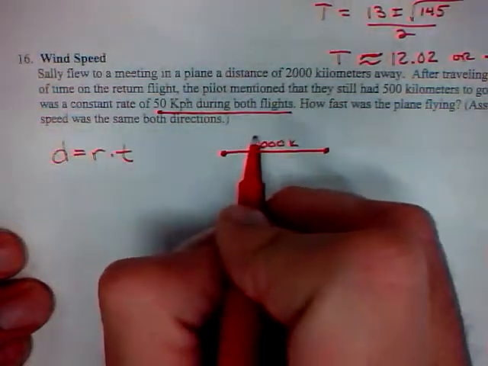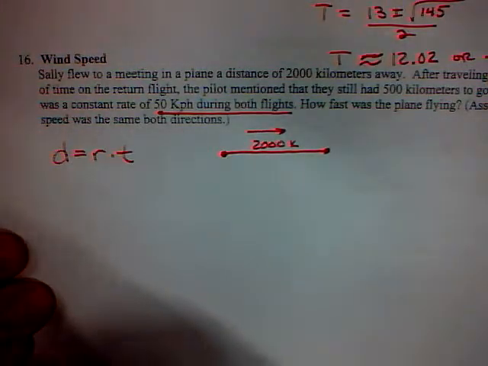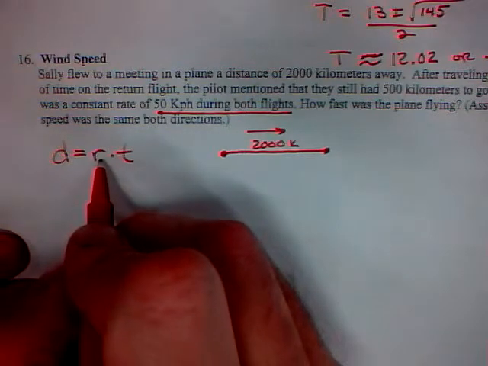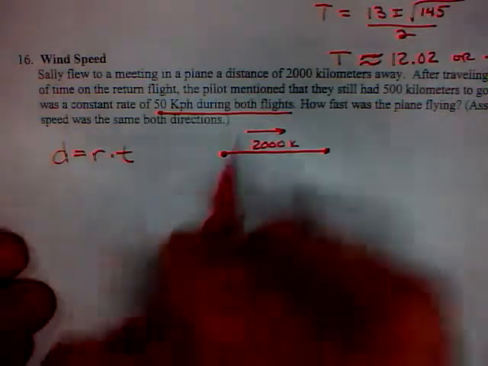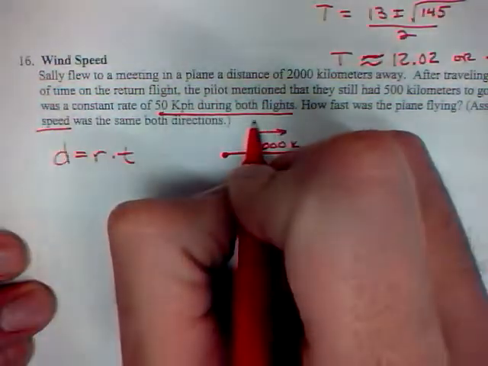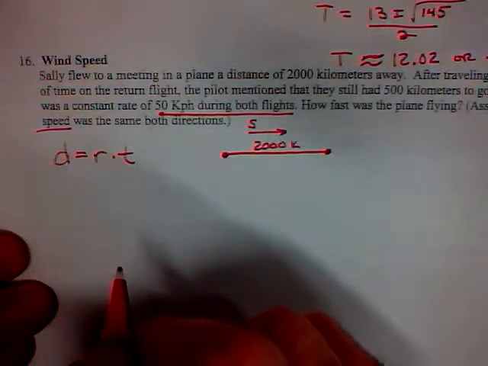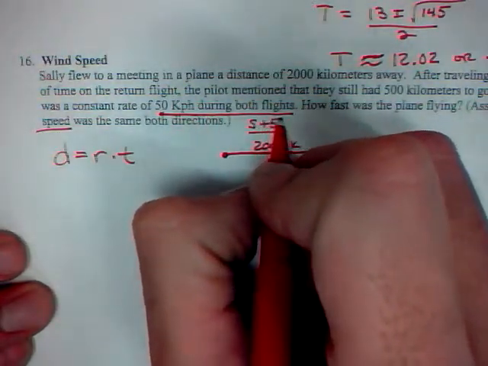So when you head one direction, you're flying with the wind. Let's use s for speed, since we're looking for speed. Going there, we were going with a 50 kilometer per hour wind, so our speed is s plus 50.